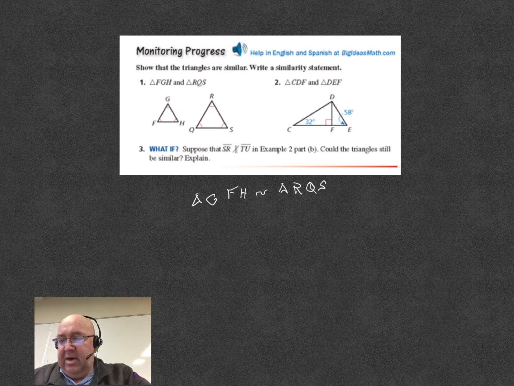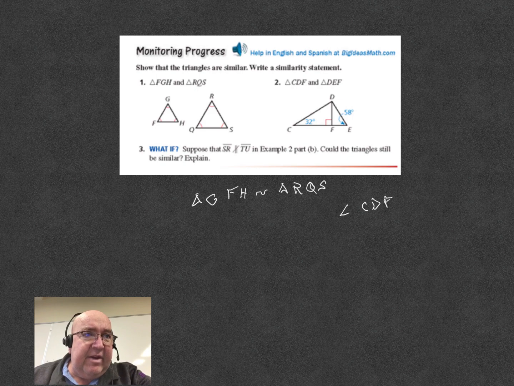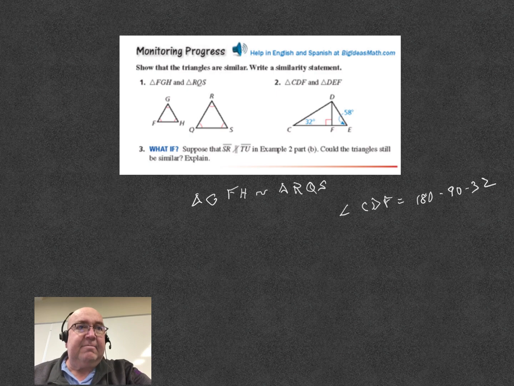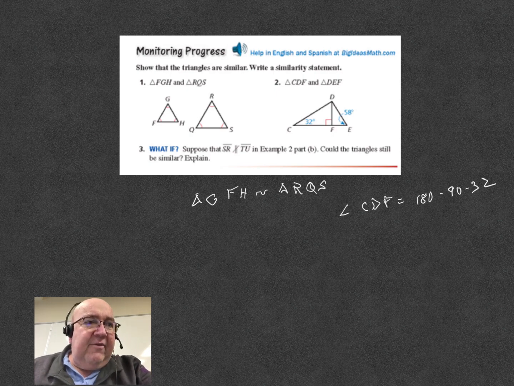Alright, in this other problem, we know that angle CDF is going to equal 180 degrees minus 90 degrees minus 32 degrees. And what we find out is that that is equal to 58 degrees.